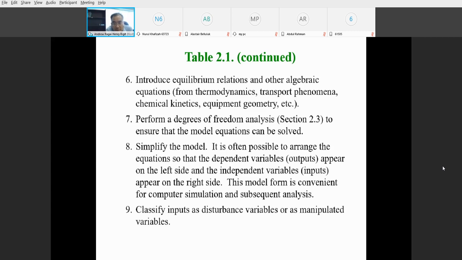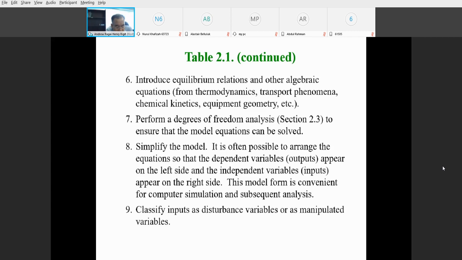When we simplify the model, it is often possible to arrange the equations so that the dependent variables or outputs appear on the left side and the independent variables or inputs appear on the right side. And this model form is convenient for computer simulation and subsequent analysis.